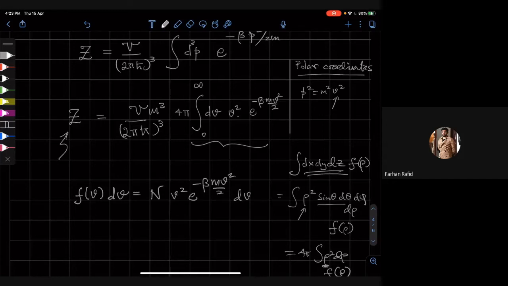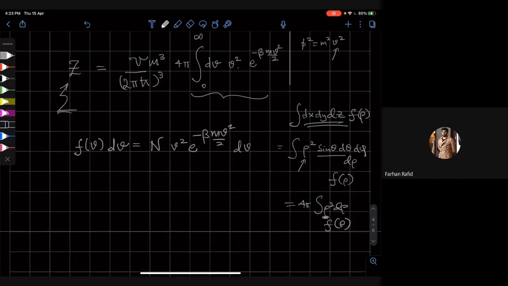That's the meaning of the partition function, right? The meaning of the partition function is that it gives us the probability that a particle of this energy is in that state, right?